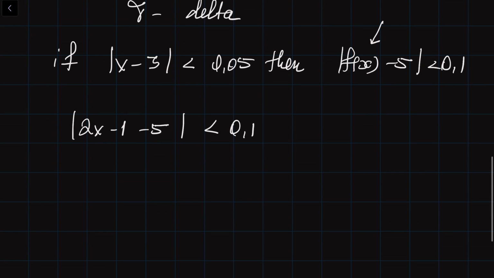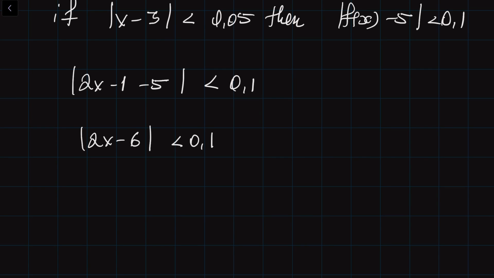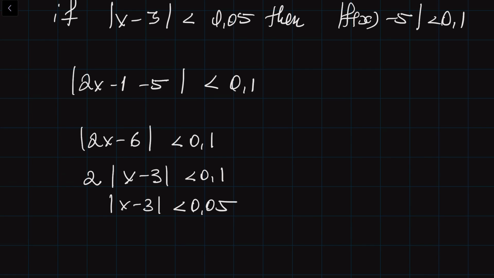I'm going to make some simplifications inside the absolute value, and it is going to be 2x minus 6 is smaller than 0.1. If I take the 2 out of the brackets, what I have here is 2 times the absolute value of x minus 3 is smaller than 0.1, right? And from here I can find that the absolute value of x minus 3 should be smaller than 0.05, right?